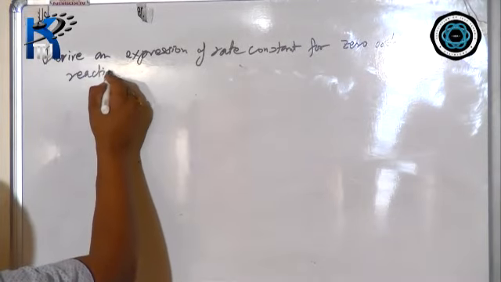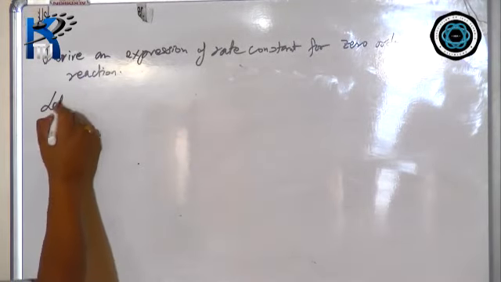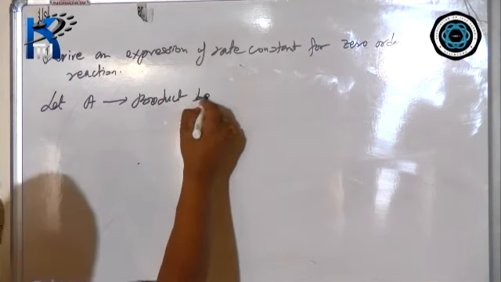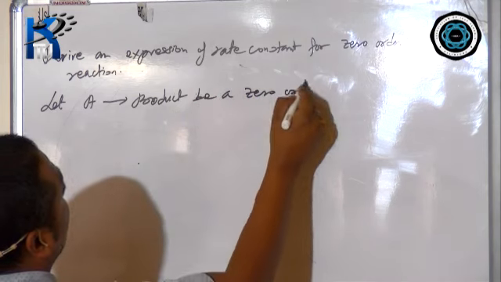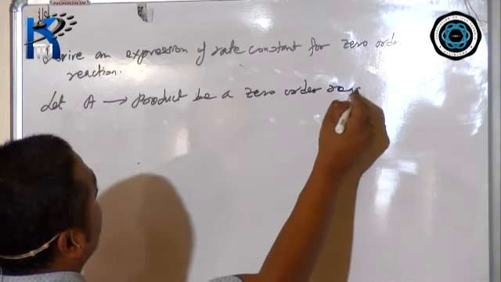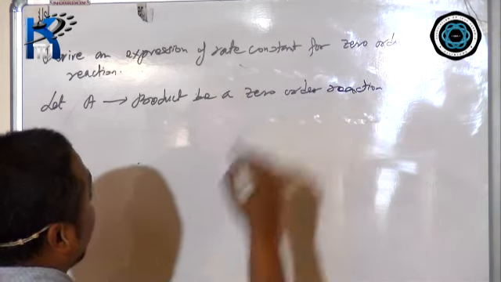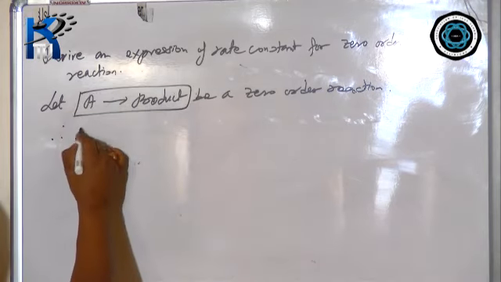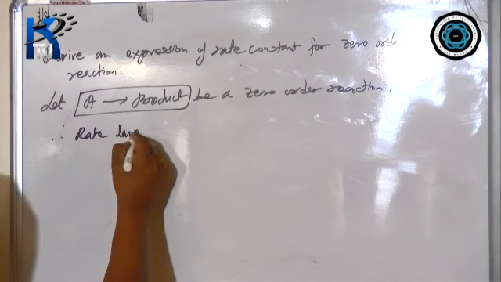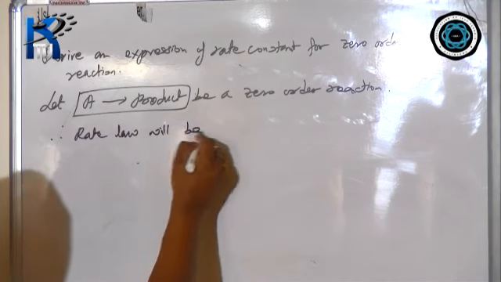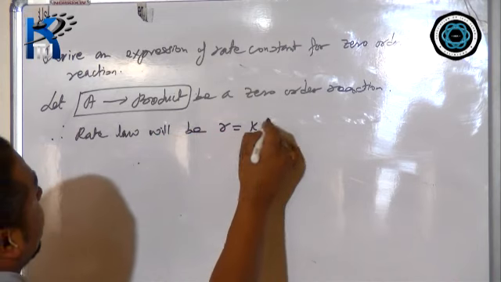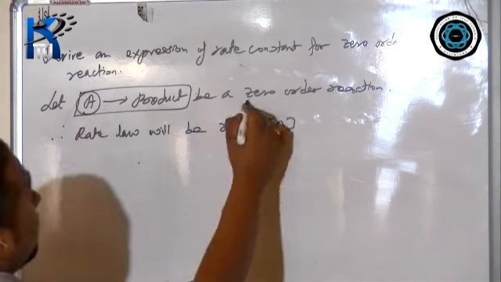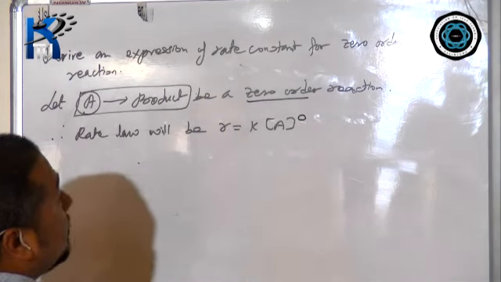So just like the way I did it for first order, you have to suppose let A gives you product be a zero order reaction. So since you have supposed this reaction as zero order, so therefore the rate law will be R is equals to K, concentration of reactant, and here is one reactant, that is A. And since you have taken it as zero order reaction, the power will be 0.